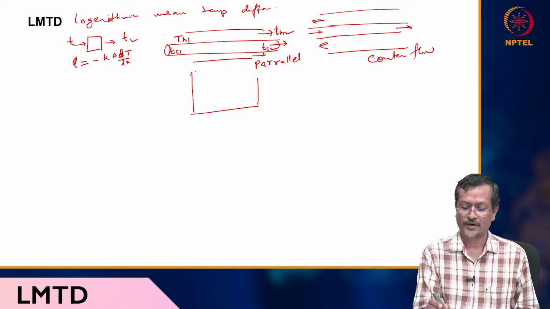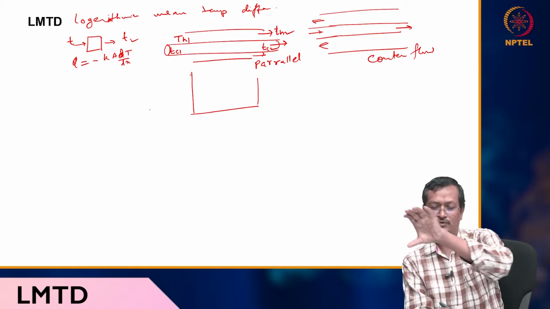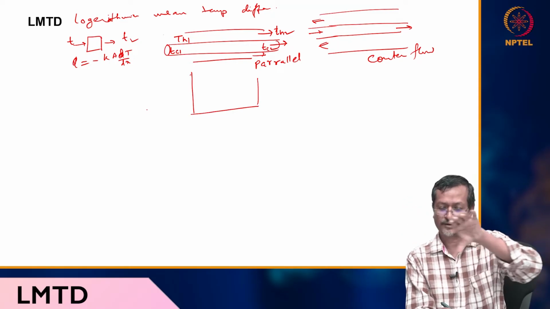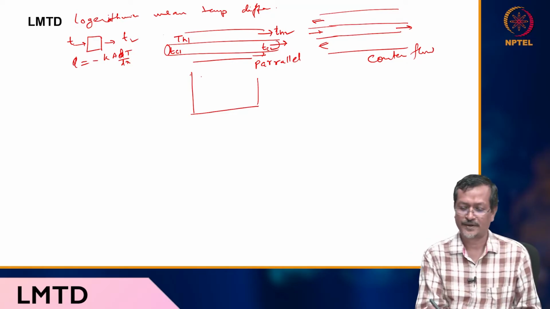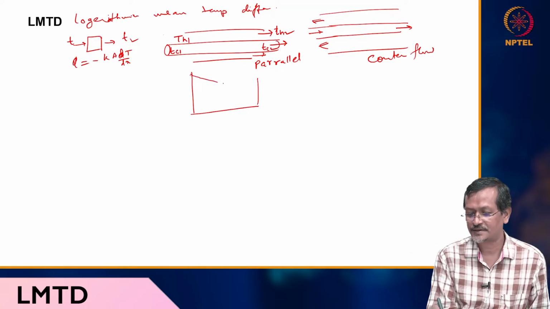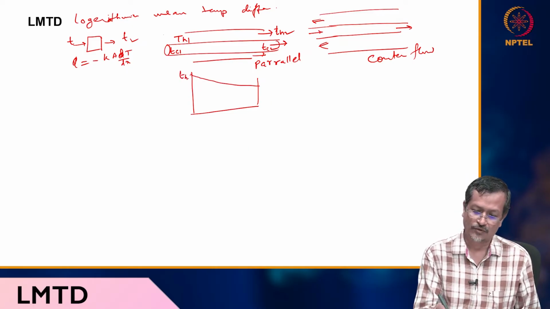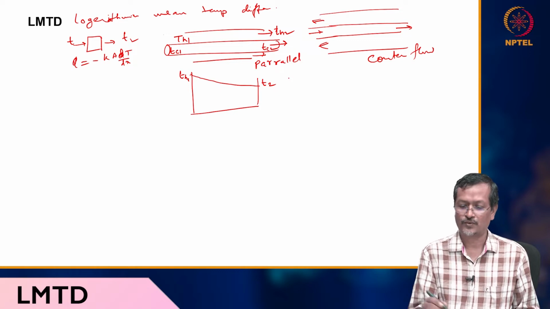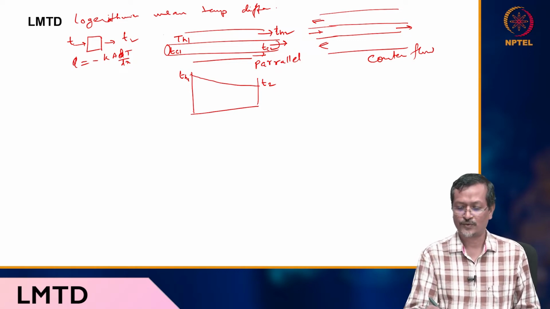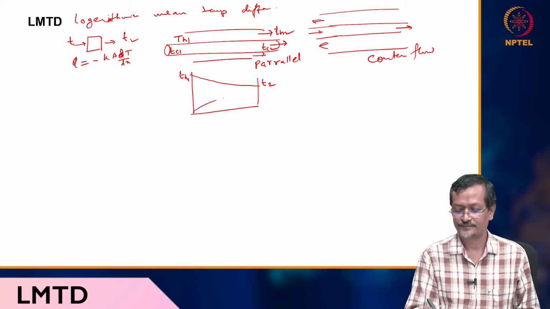If both fluids are going through concentric tubes and continuously flowing, what will happen? The hot fluid will be releasing some heat and its temperature will be going down, from T hot 1 to T hot 2. And the cold fluid will take a certain amount of heat.